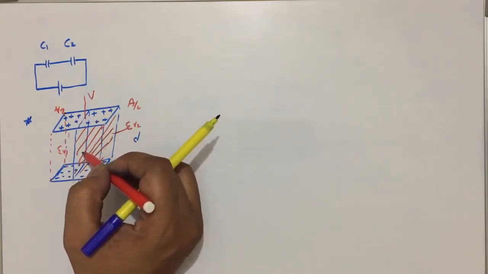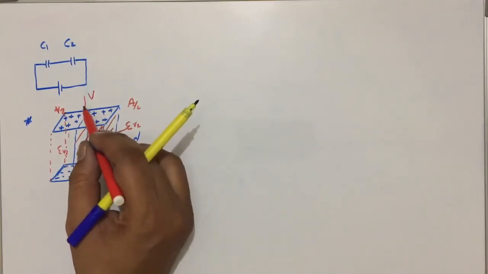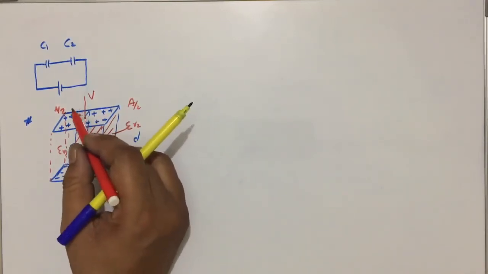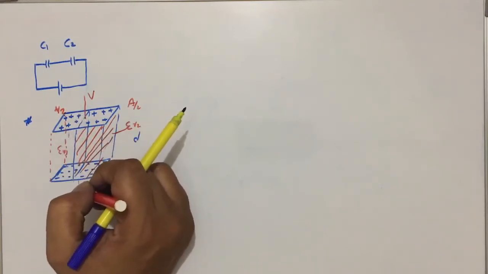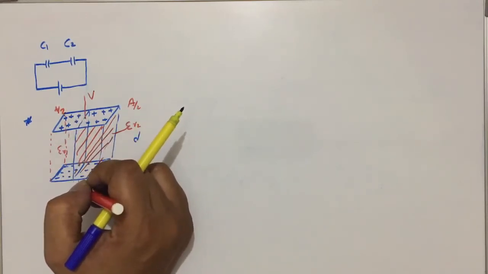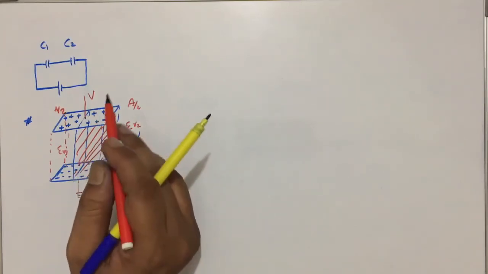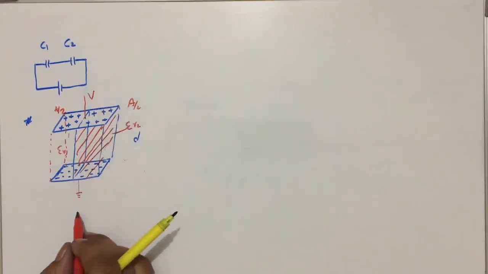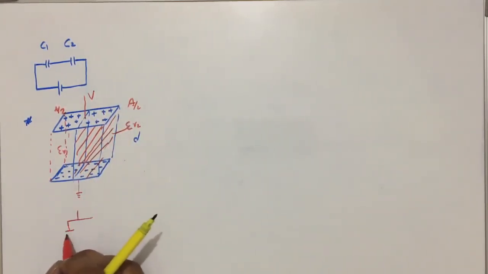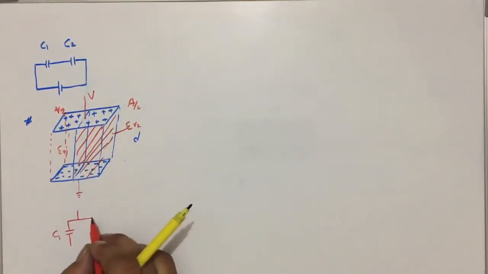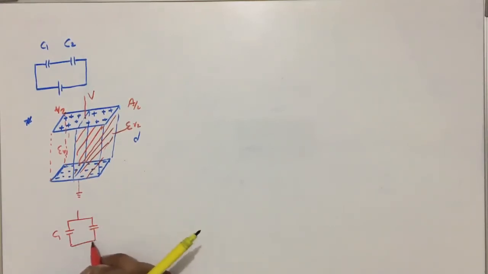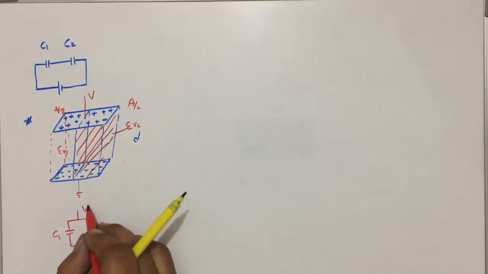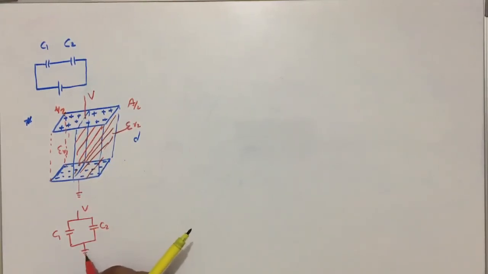So if current division occurs, the potential difference between this and this is V, across this it is V. So potential difference remains same and the current division occurs. It means both are connected in parallel. So following that, one capacitor will be formed due to this, that is C1. Another capacitor will be formed due to this, that is C2. So this will be equivalent capacitive circuit.